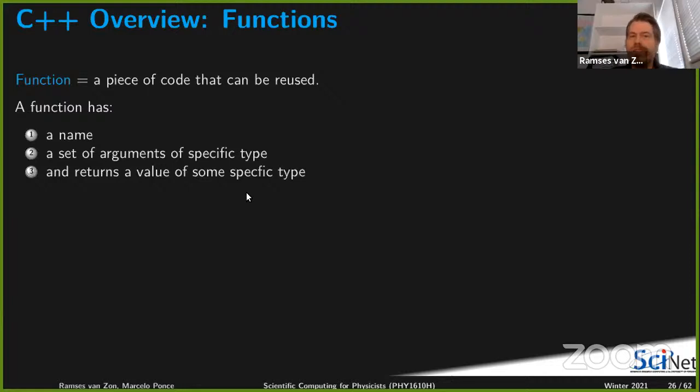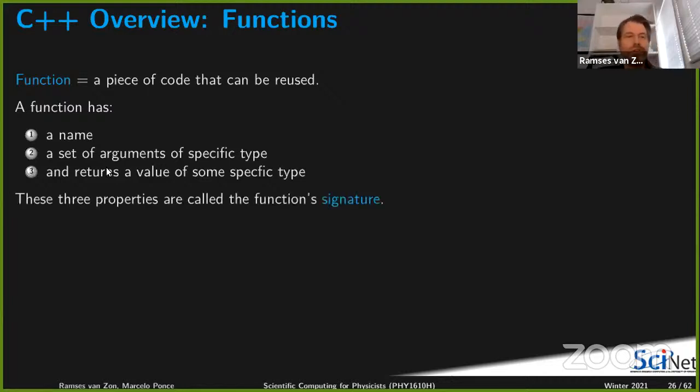When we specify a function, because they're reused, they become black boxes. The part of the code that is going to use this function only needs to know the name of the function, what arguments go into it, and what kind of stuff it will give me back.